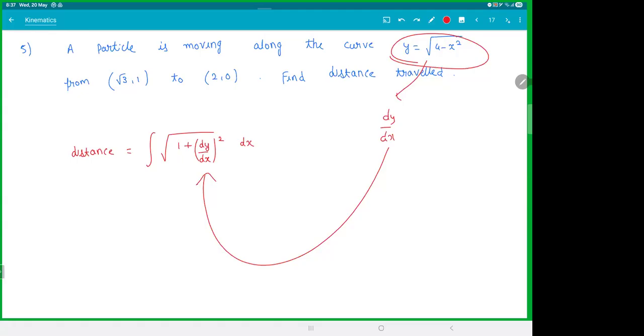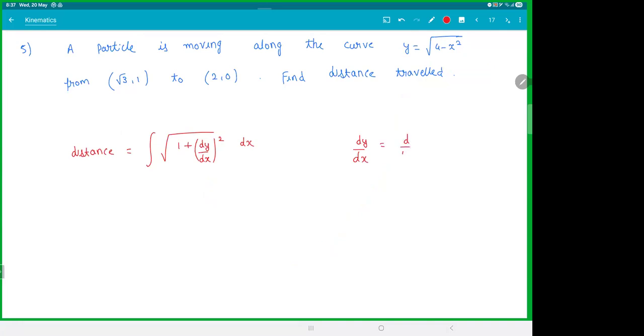Let's see. So what is dy by dx? dy by dx of 4 minus x square whole power half. That looks right, Ahan. So this will be half into 4 minus x square to the power minus half, and then differentiate whatever is inside.